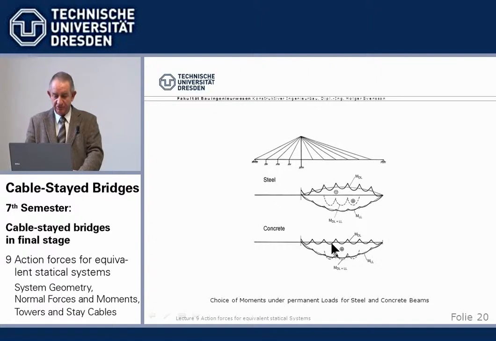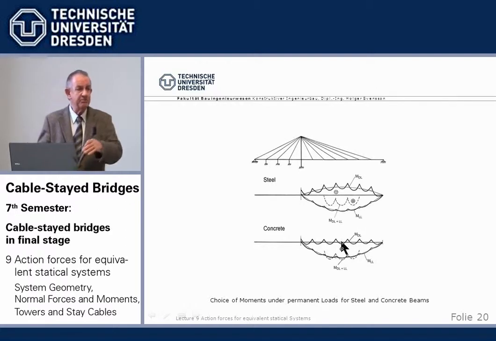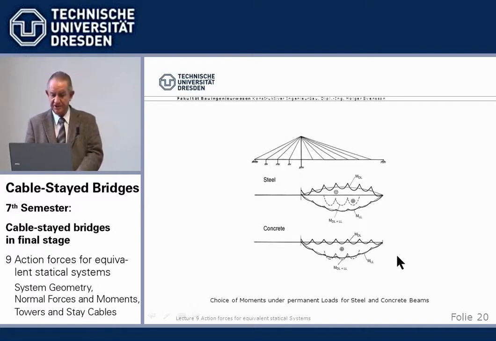Well, for a concrete bridge, I will explain a little bit later, it's rather tricky theoretically. We use really the moments of a beam rigidly supported at the cable anchor points. Why? Because every moment we choose here freely, we come to that in the next lecture, will creep to this stage.